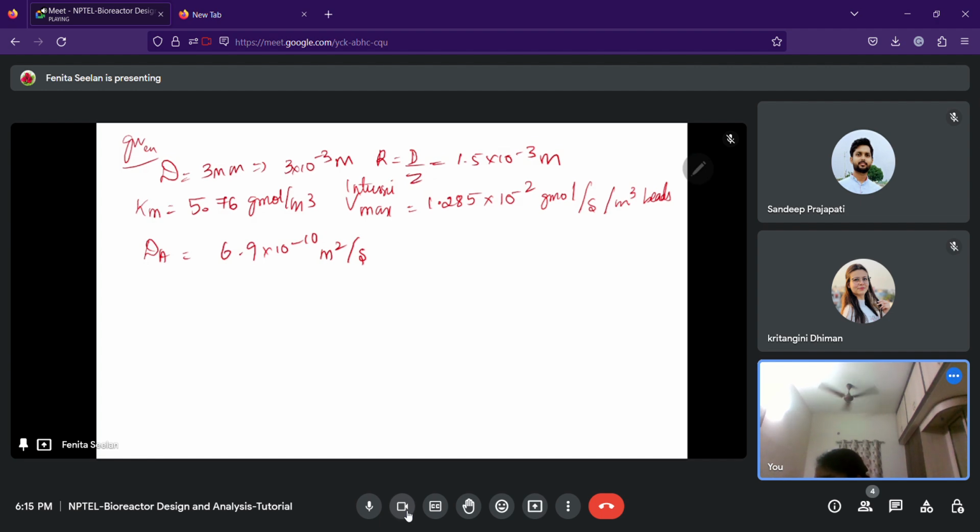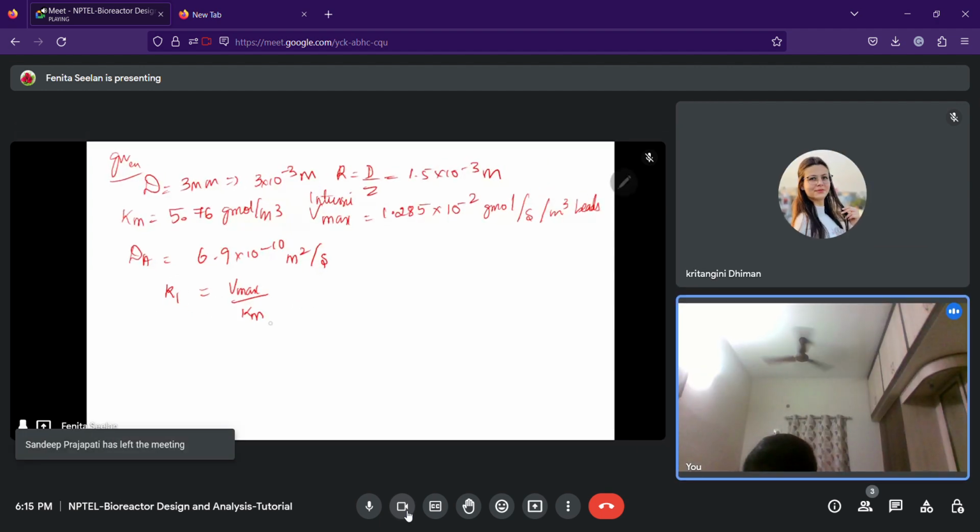So we have to calculate K1, which is given as Vmax by Km. If we calculate this K1 value, we can substitute it in the formula.